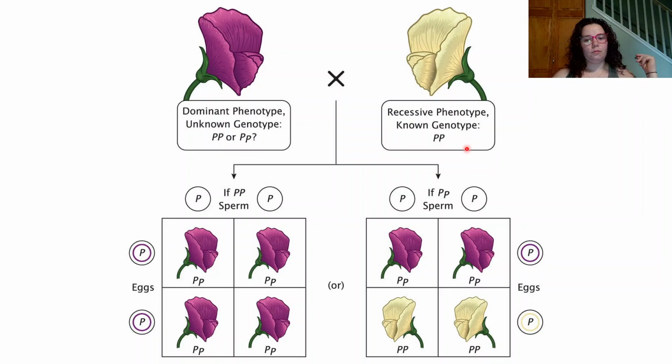But if we know the white color only shows up when there's 2 little p's, which means that this is true dominance we're talking about. And we don't know if this male, right? This male, it calls it male.